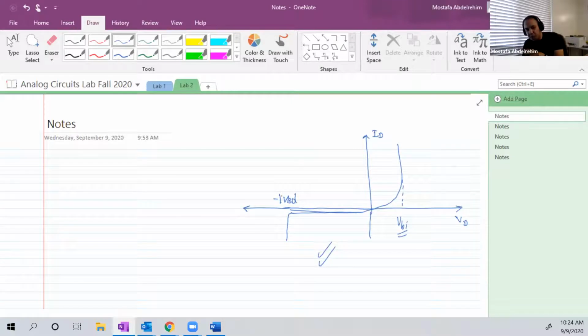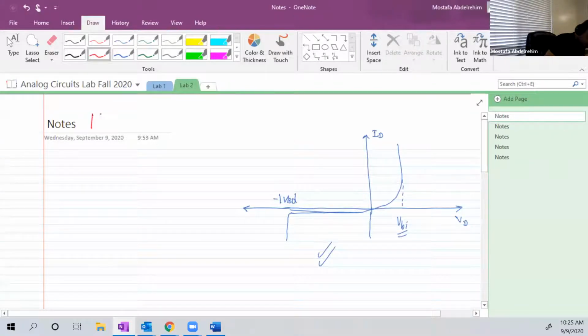So we will not be able to see the breakdown voltage of that guy here when we plot the characteristics. So the objective is to measure the diode characteristics, okay, which is this plot here.